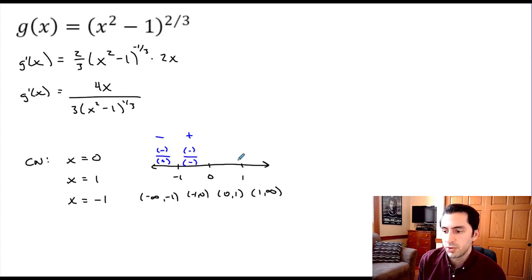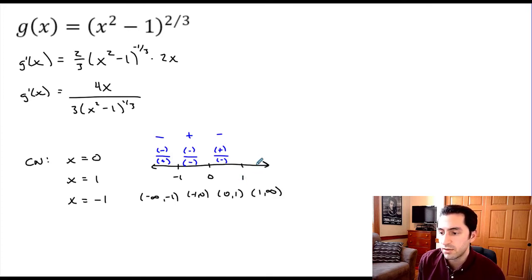Now, a number in between 0 and 1, so now we have positive numbers, which makes the numerator positive. Now, in the denominator, this is something that's less than 1, so some fraction maybe. If I subtract 1, that's going to be a negative. And then a negative to the 1/3 power stays negative. So a positive divided by a negative, we have a negative overall for that one.